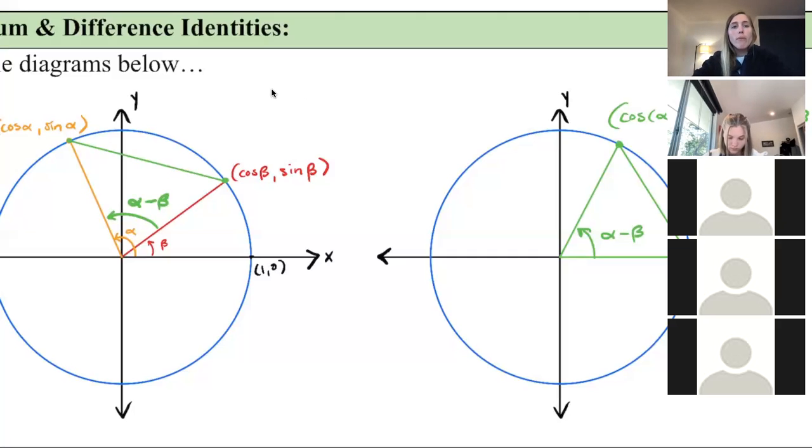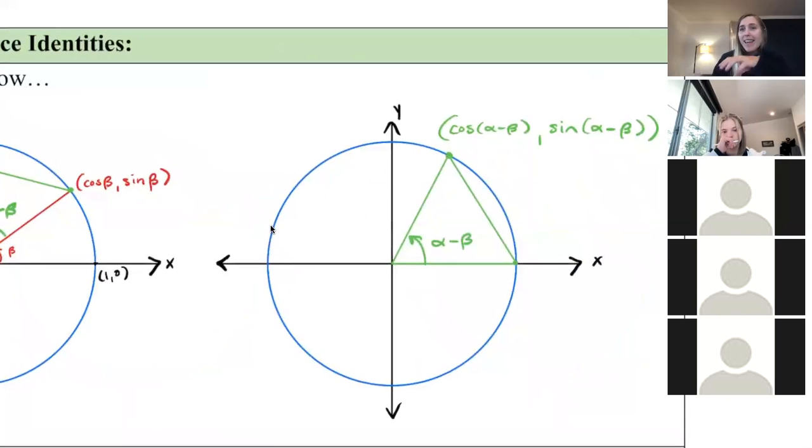So going from that first picture to that second picture, you're thinking about picking up the angle alpha minus beta, rotating it and placing it into standard position. My picture is probably not perfect, but that's supposed to be the same angle.